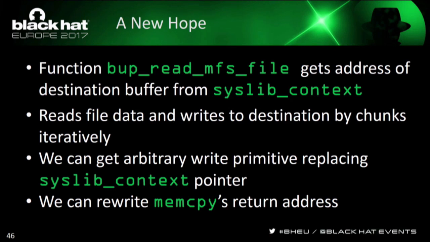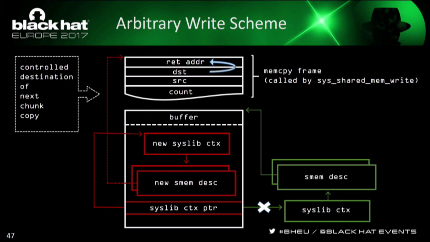So if it does it iteratively and at each iteration it gets the address of the destination from some structure which we can control, we get an arbitrary write primitive. You can see in the scheme how we rewrite the syslib context pointer.